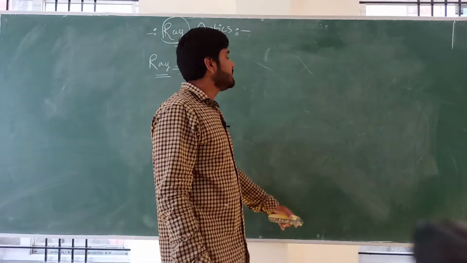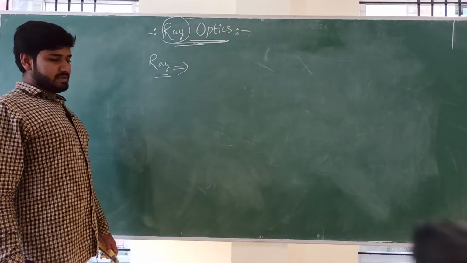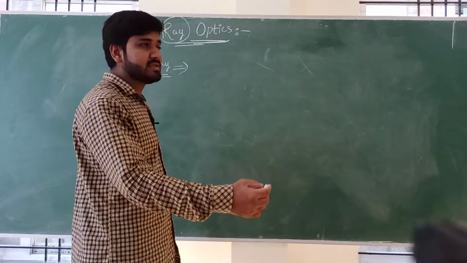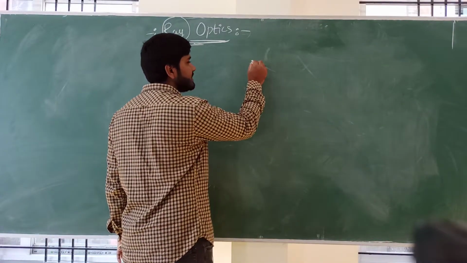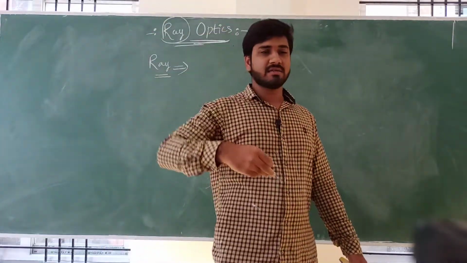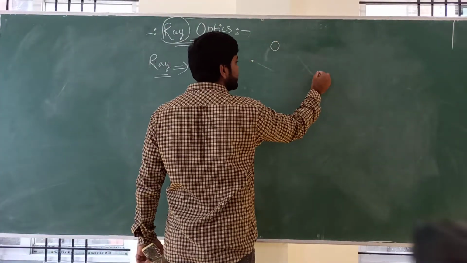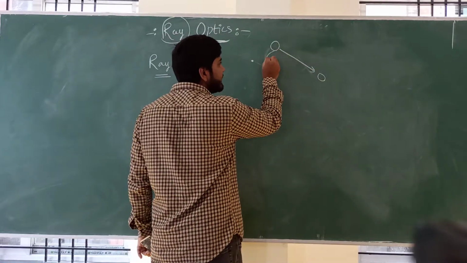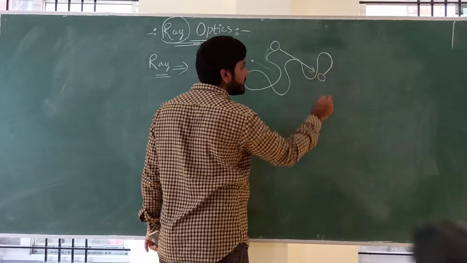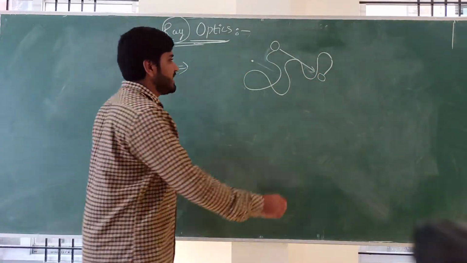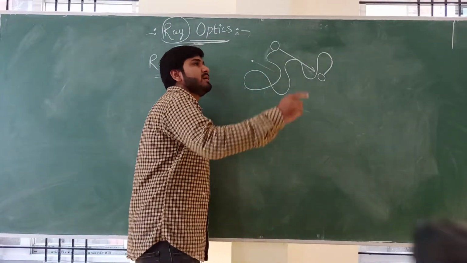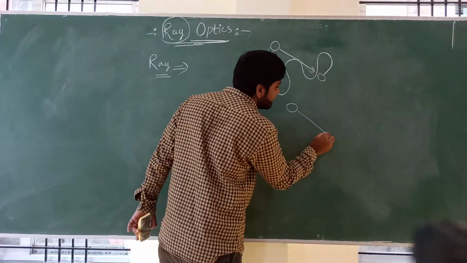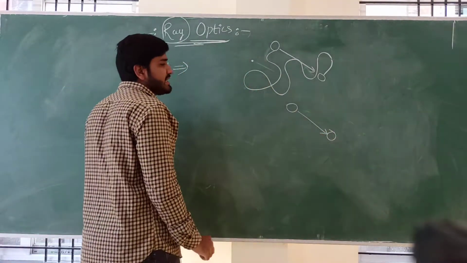So generally we know light travels in a straight line. Everybody knows this. The light which is coming from the sun to the earth comes in a straight line. Has anyone seen light coming in a zigzag way? No. Wherever the light is coming from, say there is a tube light, the light from the tube light comes to us in a straight line.